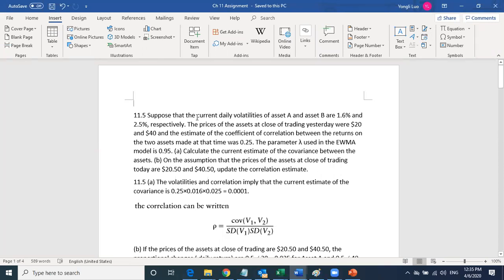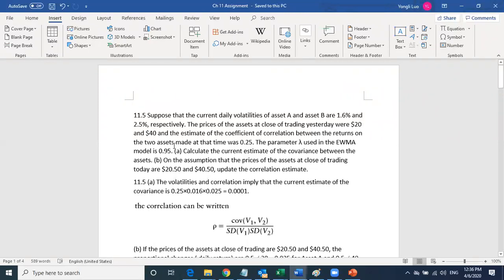Okay, 11.5: you have daily volatility of these two assets, 1.6 and 2.5. The price of the assets at the close of trading yesterday was 20 and 40.